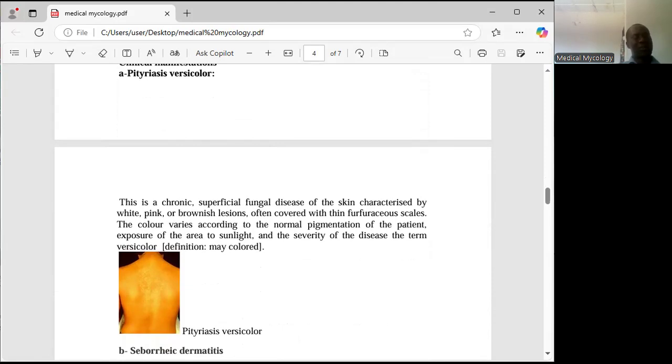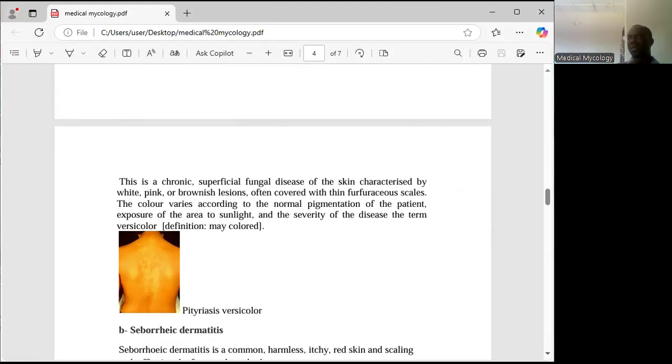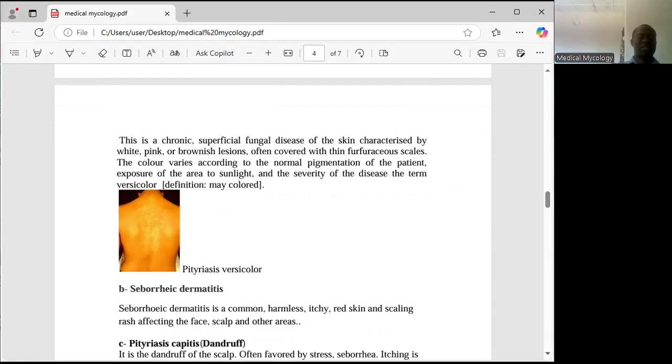The color usually varies according to the normal pigmentation of the patient. So if the patient is black, you see it's black; if brown, you see it's brown. It varies with exposure of the area to sunlight as well as the severity of the disease, hence the term versicolor, which may mean changing colors. So that's one of the Malassezia furfur infections.